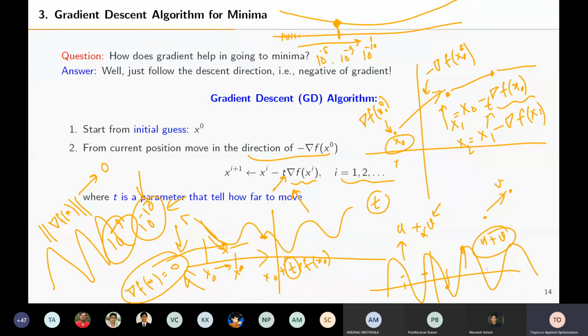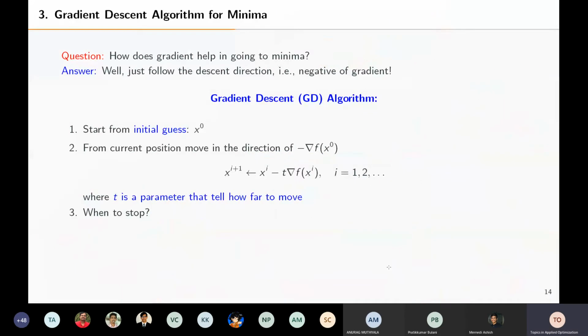If your function itself was oscillatory, then depending on the choice of step length t, you may see that the norm of the gradient is high here, decreasing, and then increasing here, so you get oscillatory behavior. But if you have kept your step length small enough, you may at least ensure that you get to the local minimum. So these are the things.